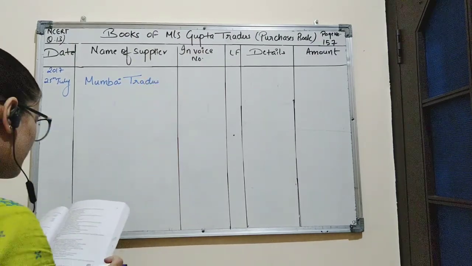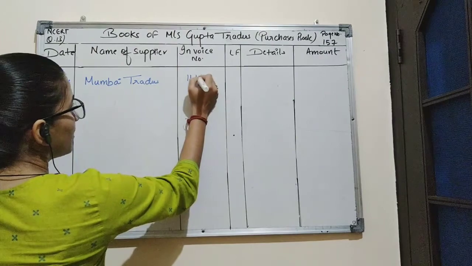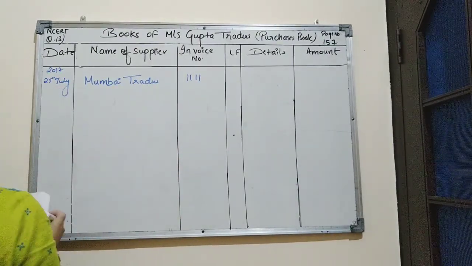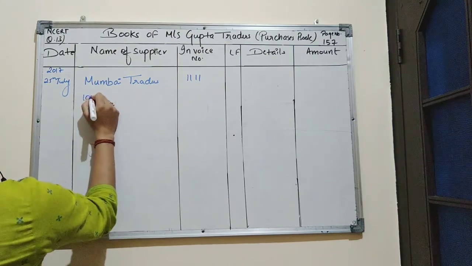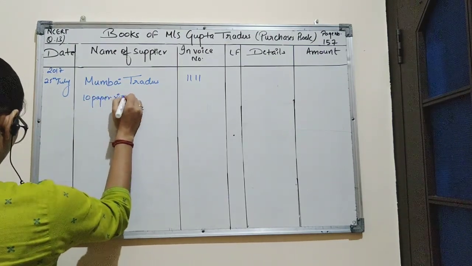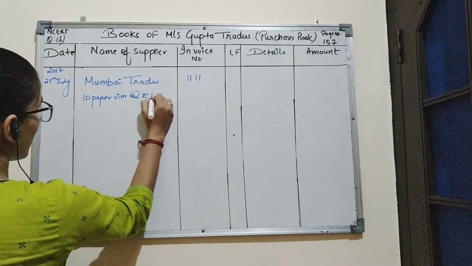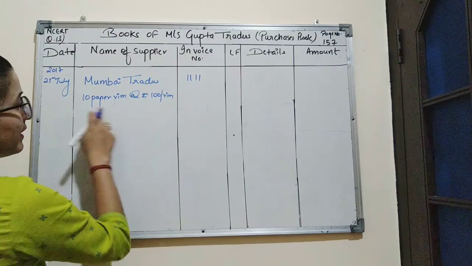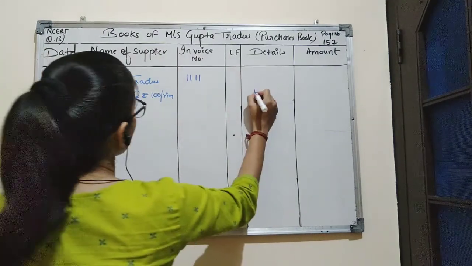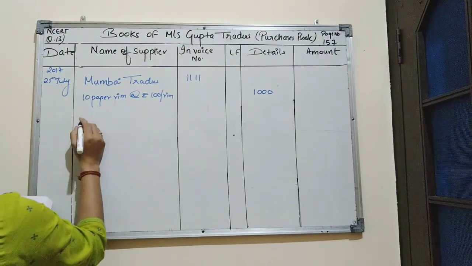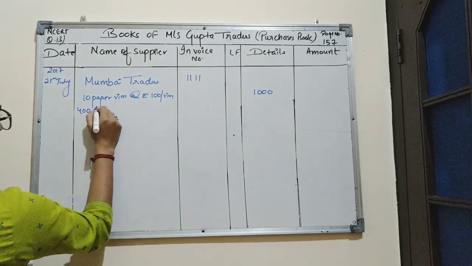Invoice number is 1111 and the details are 10 paper rim at the rate rupees 100 per rim. So the total amount will be 10 into 100, that is 1000.